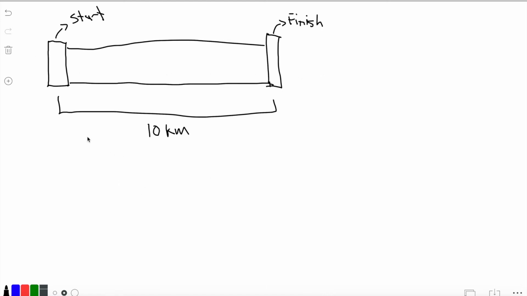So after an hour, we check our GPS, and we find that our runner is at 7 kilometers. So what that means is our runner is around here.